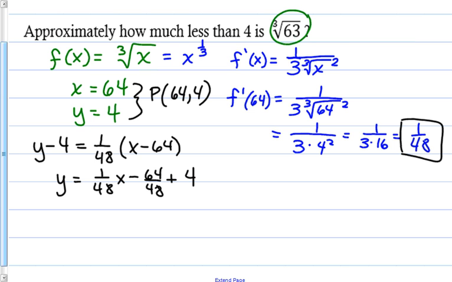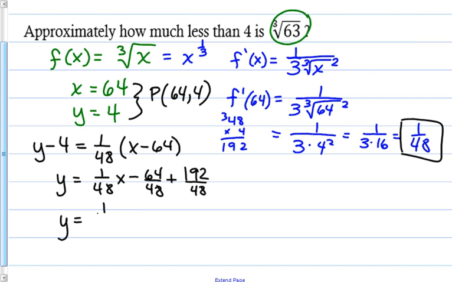Okay, so obviously the 4, maybe if I convert that into a fraction, right? So 4 times 48, it's not that bad to do. Let's see, 48 times 4, right? 4 times 8 is 32. 4 times 4 is 16, plus the 3 is 192. Alright, so the 4 is getting replaced with 192 over 48.